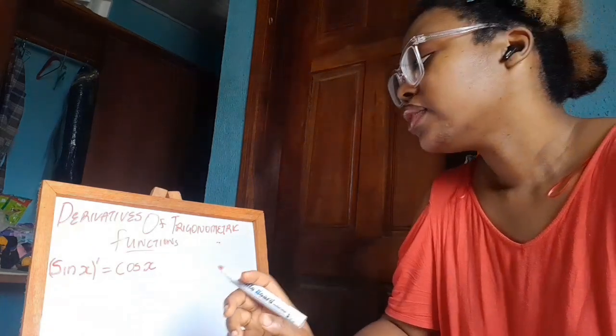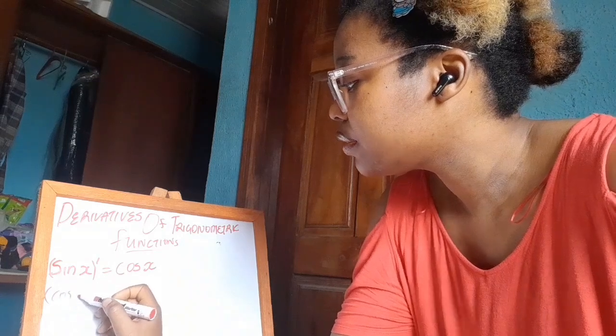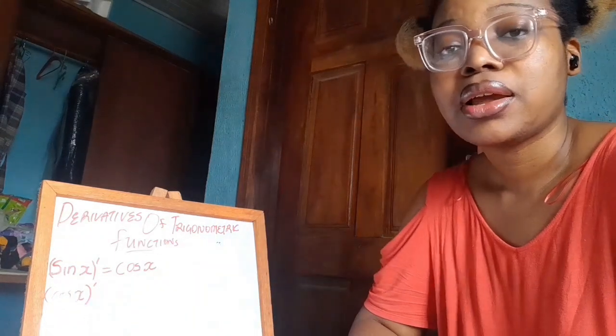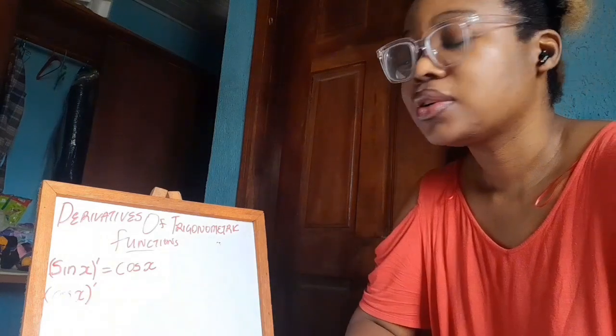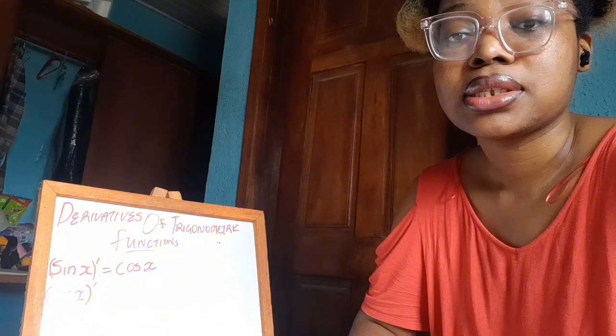And alternatively, when you're trying to find the derivative of cos x, the graph is kind of similar and reflective of sine x's graph, and so you end up having minus sine x.